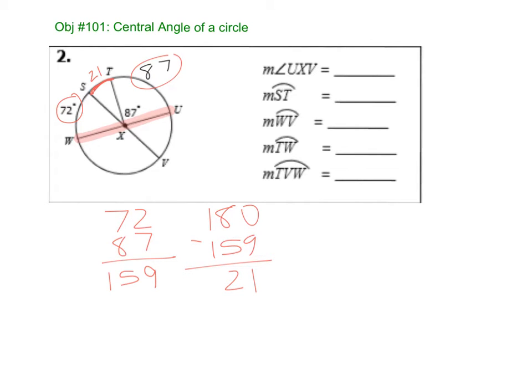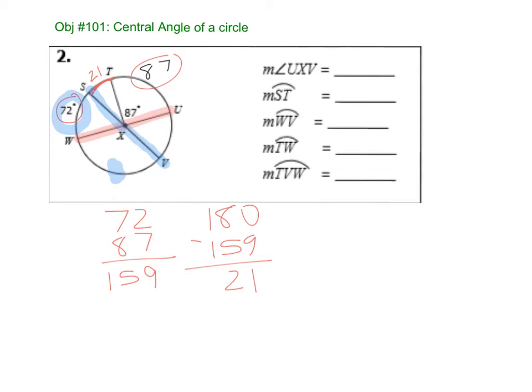So I highlighted one diameter, but we have another diameter. Where is that other diameter? It's right here. So that means that the 72 and this arc right here is going to be 180 also. If you thought of another way to do this, that's fine.